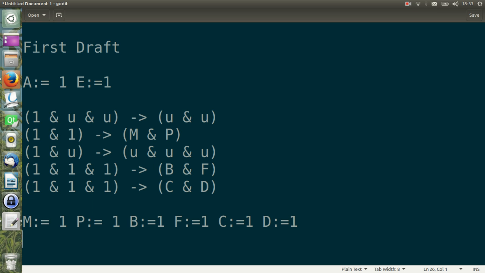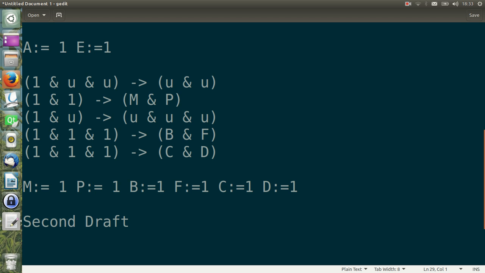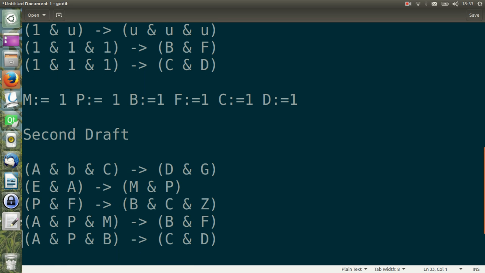We haven't determined these values, so we need to pass through the rules again in the second draft. Just copy again the rules. One, and C has value of 1.